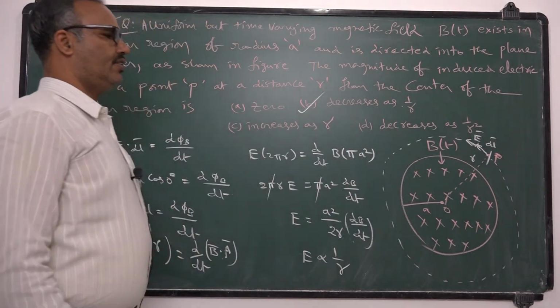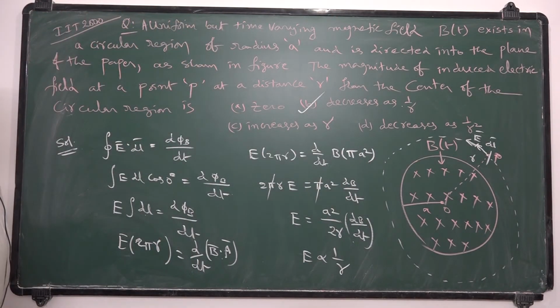It is like this. But how do you know whether it is going to increase or decrease? It depends on the magnetic field strength. We cannot clearly specify here, but anyway the answer is E proportional to 1 by r. 1 by r is available in the second option.